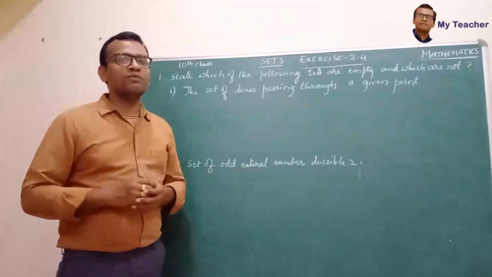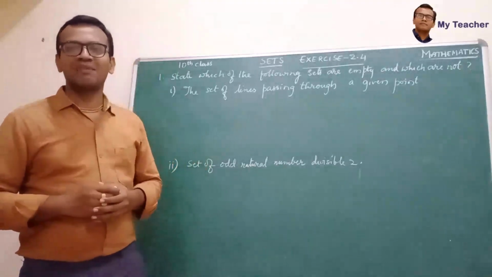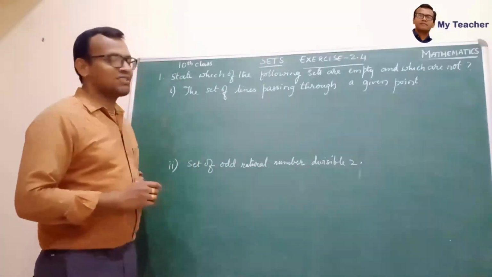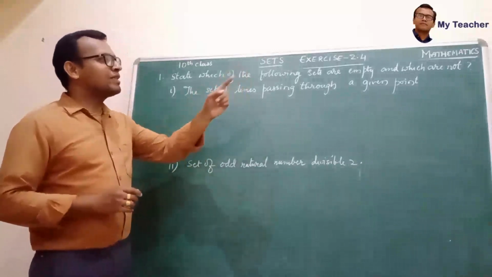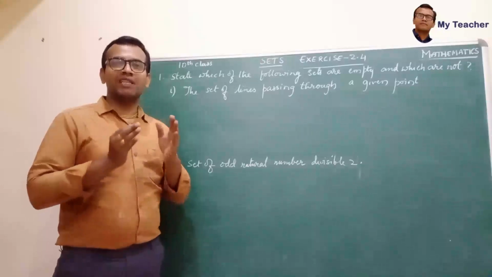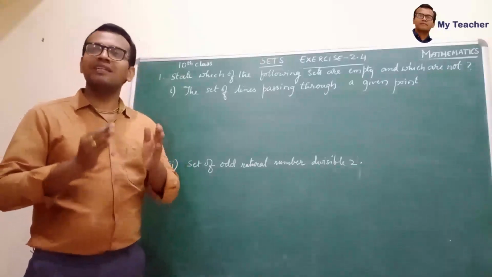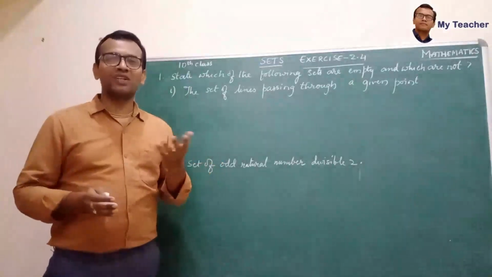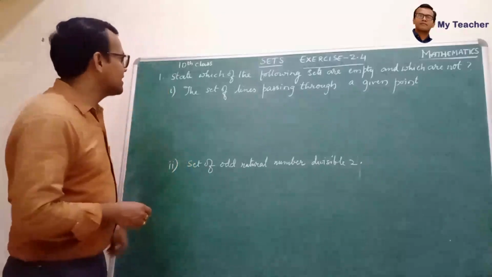Children, now let us solve Exercise 2.4 from this chapter. See here, the first question is like this. State which of the following sets are empty and which are not. So we have to state whether the set is empty or not empty. Empty means a set with no elements. Not empty means there should be at least one element in it. Let's see here.